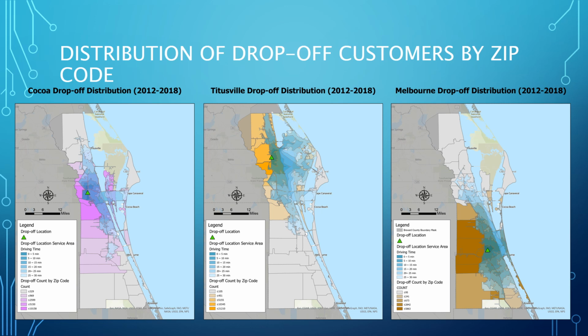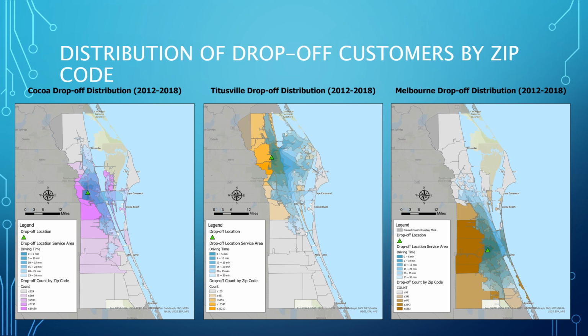The three maps shown here show the distribution of drop-off customers by zip code for all drop-off locations. Each map shows the number of drop-offs for each zip code area and the driving time for each location.